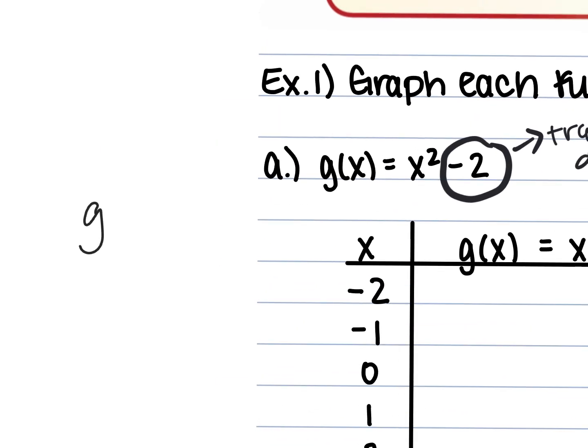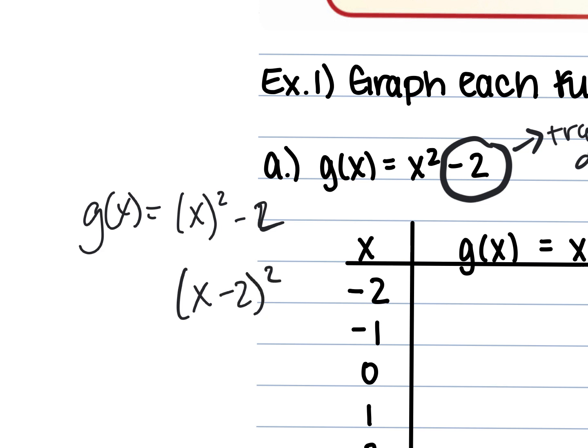So we can think of this as g of x equals x squared, minus 2. Remember, outside your parentheses, it's going to be vertical. If this minus 2 was inside the parentheses, so it was x minus 2, this would be a horizontal transformation or translation, okay? We will not see this, though, until later on in this chapter. So what you need to know is that all of these will be vertical translations, okay?